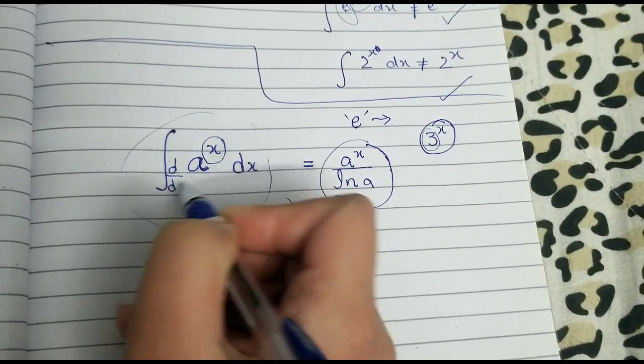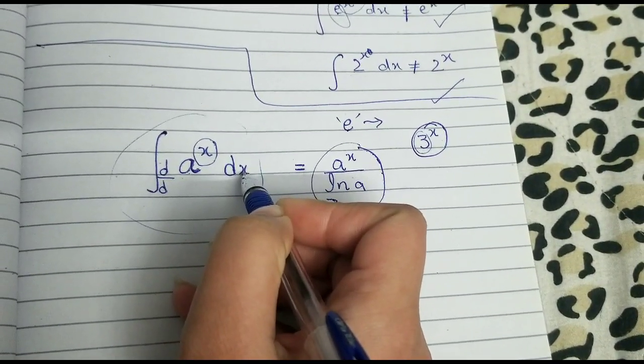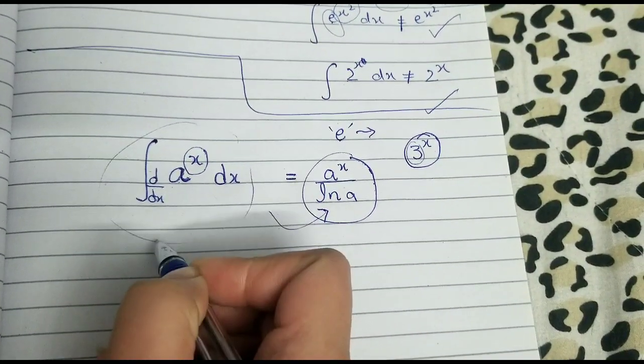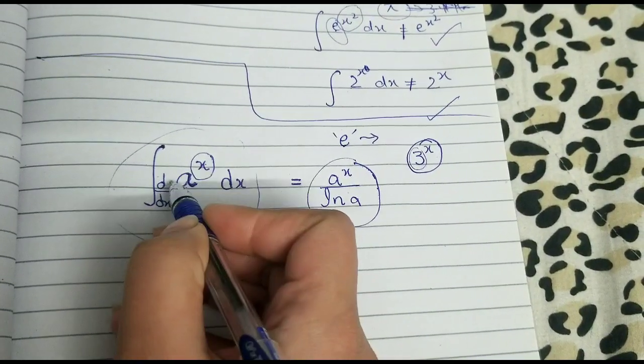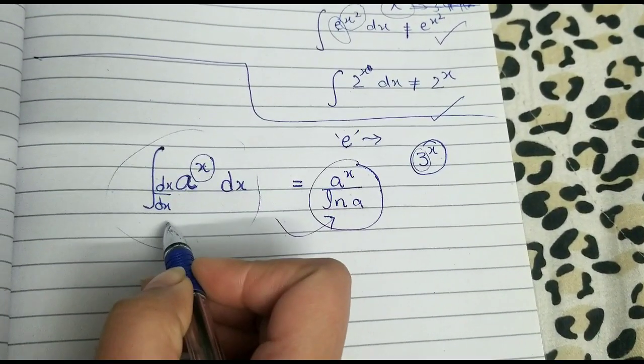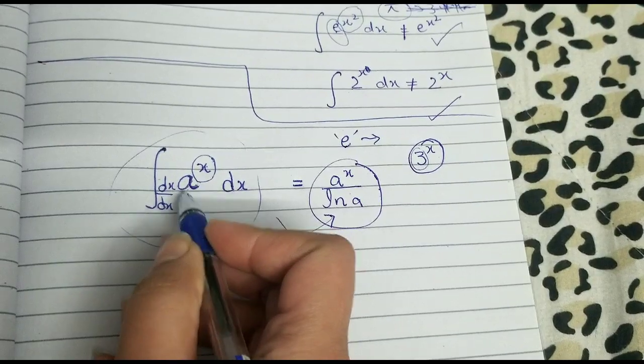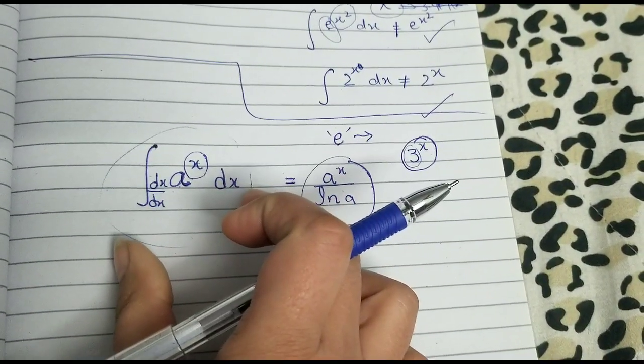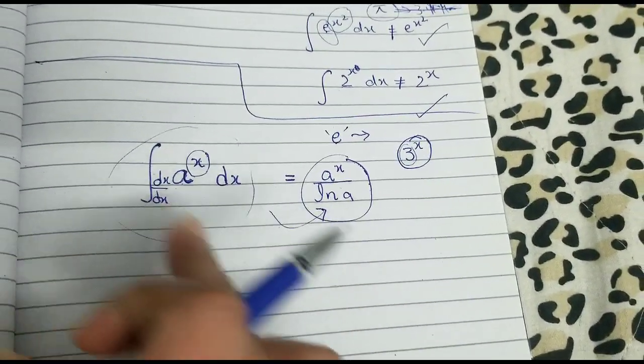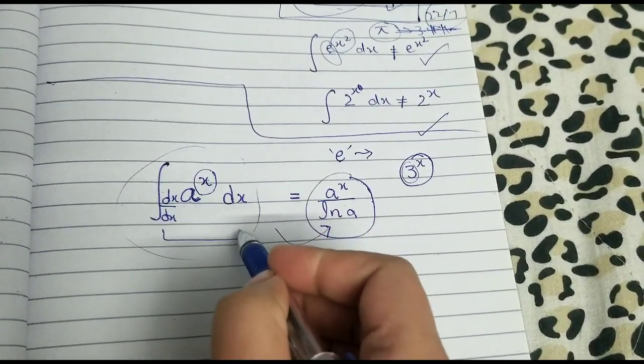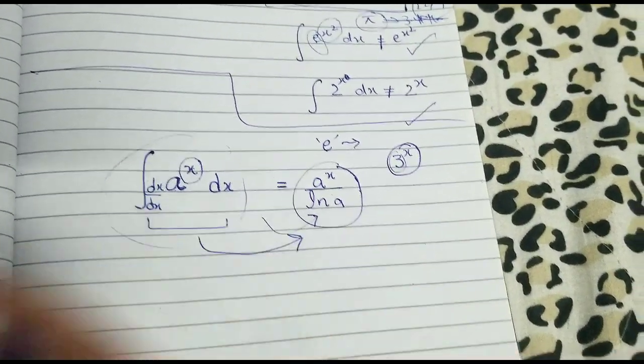For example, we have integration over x, that is why it's x here. If the derivative of its power appears alongside the exponential function inside the integral, then only in that case can this be written as this.